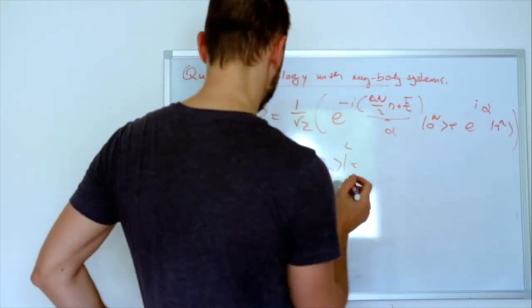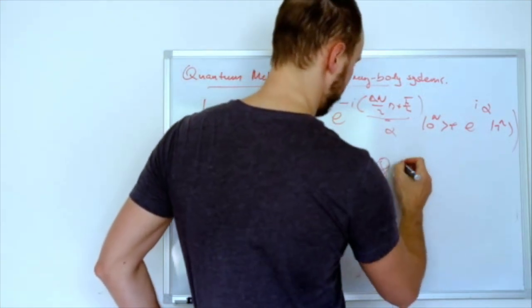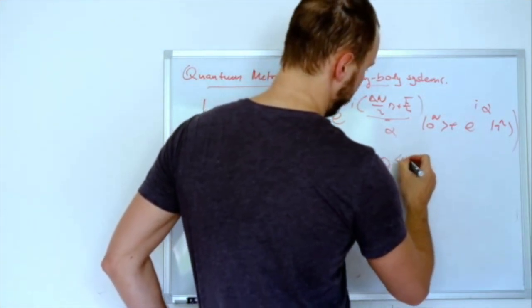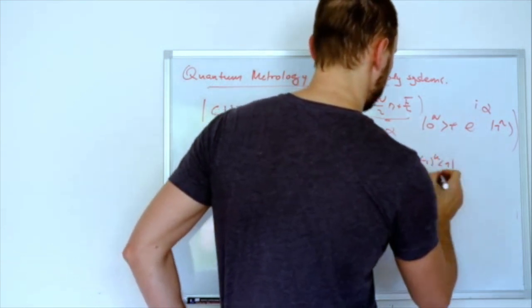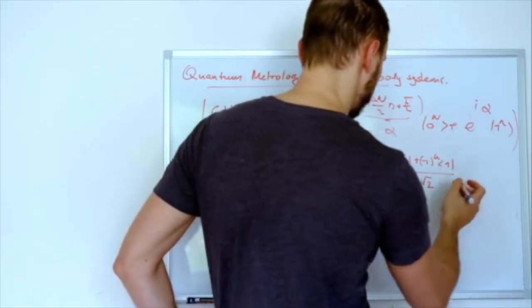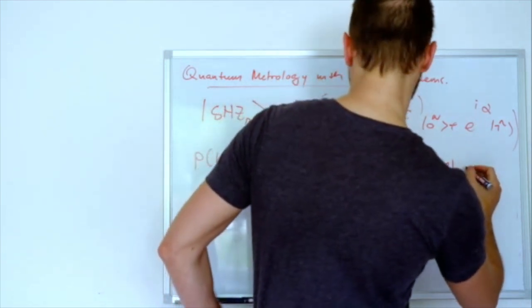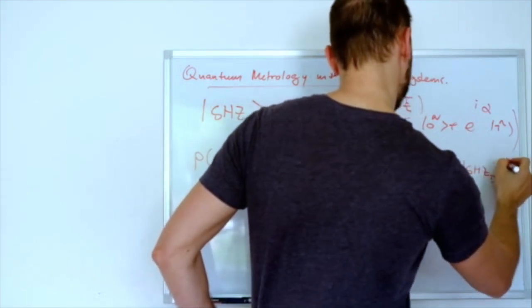We get this tensor product of 0 plus minus 1 to the k_i over root 2, times our GHZ state of b. Okay.